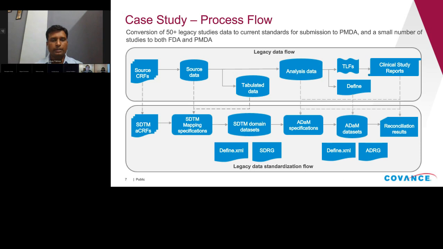For some of these studies, we had tabulated data in the previous SDTM format, and also some of the studies had defines as well. So from that, while converting the data to the current standards, we used the source CRFs.